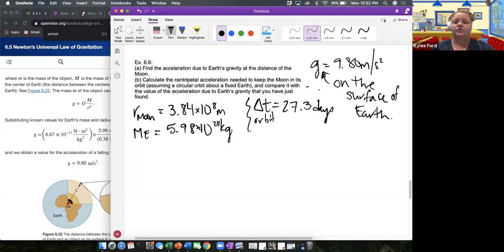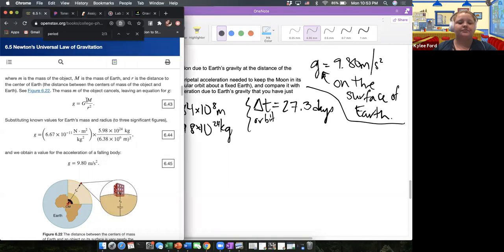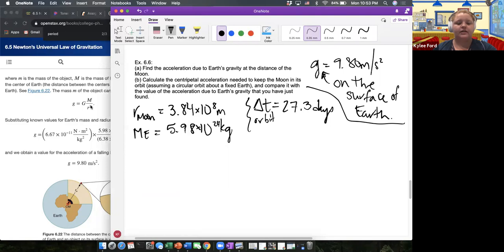Okay, so we want to know then the acceleration due to gravity at the distance of the moon. We will use this equation here, that we solved for in lecture as well. So the acceleration due to gravity is going to be equal to G, our gravitational constant, times our mass, which in this case is the mass of the Earth, divided by our radius squared.